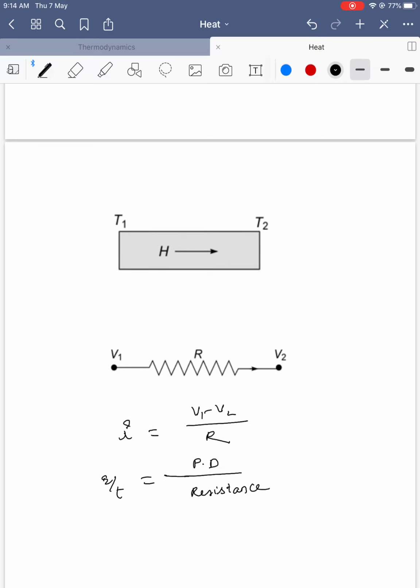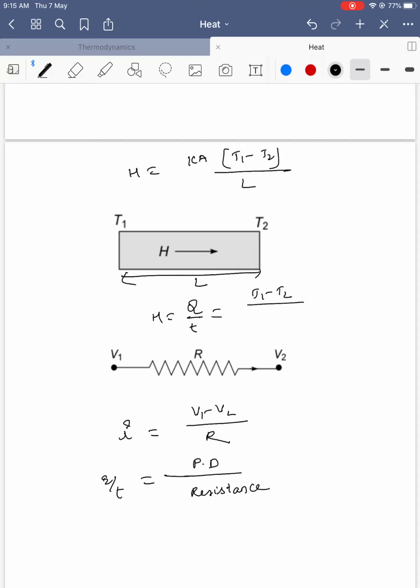Now we are going to write here H is equal to, what is the formula? K A into T1 minus T2 by L, where the length from here to here is L. So I can write H, which is Q by T, as T1 minus T2 by L by KA.